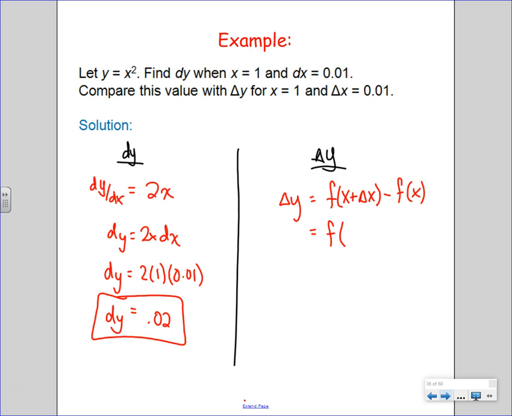At 1, and how far are we going from 1? Starting at 1, going another 0.01, so that's our x2, just to find our y2. So it is going to be 1.01 squared minus 1 squared, which is 0.0201.